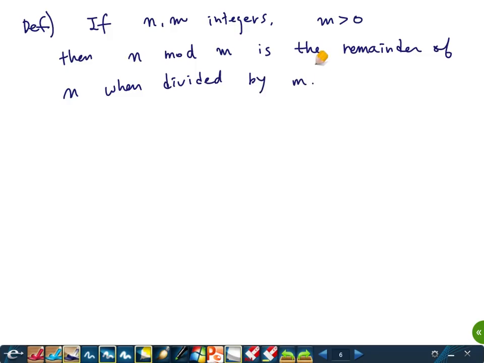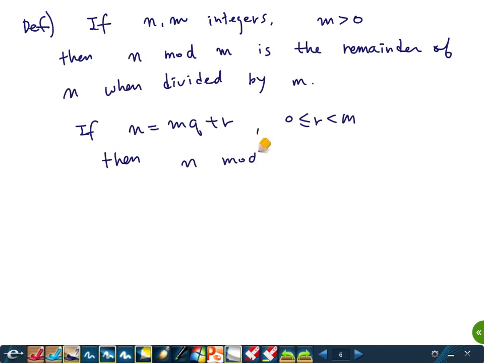In other words, if n equals mq plus r, where everything is an integer, then n mod m is the remainder r. And we can show that there is always a unique remainder.